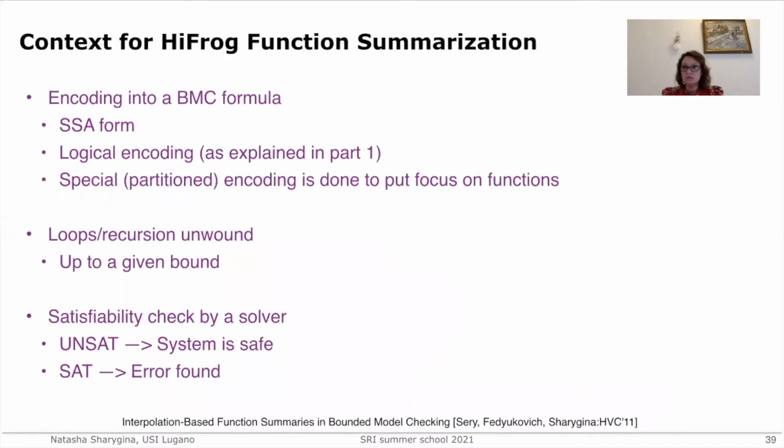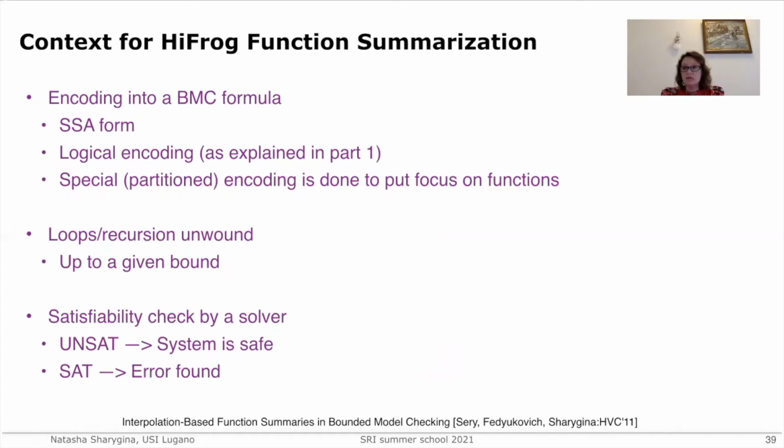Now, how is it all going to be used for function summarization in our SMT-based model checking tools? As I already told you in part 1, we are doing bounded model checking. We will be constructing a BMC formula by means of some pre-processing. First, we do SSA form encoding, and then it is translated into the corresponding logical encoding, as we have already seen illustrated before.